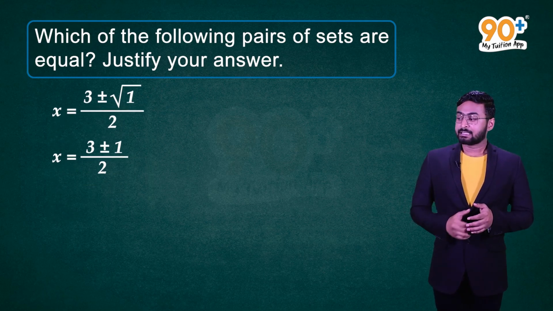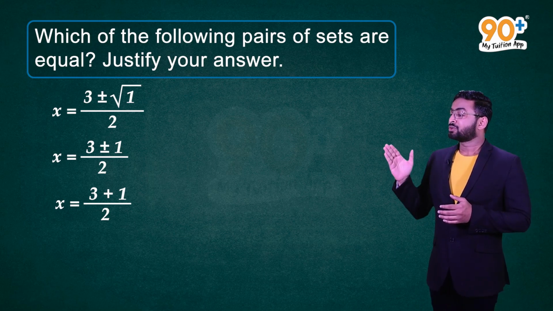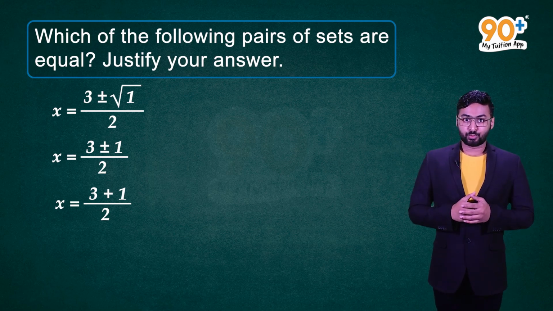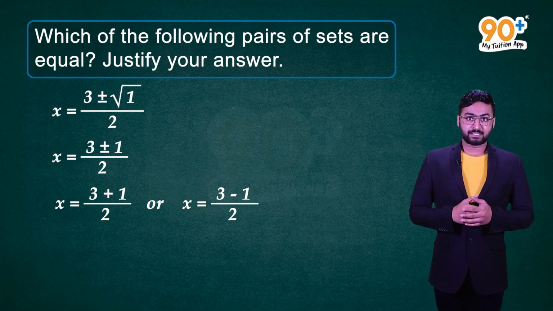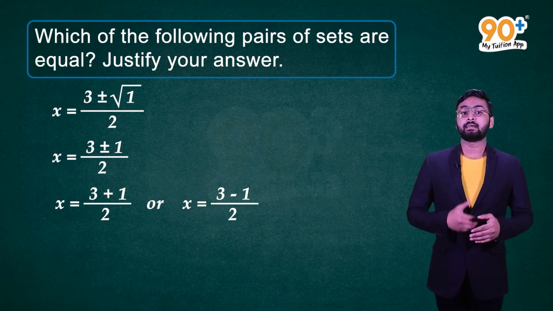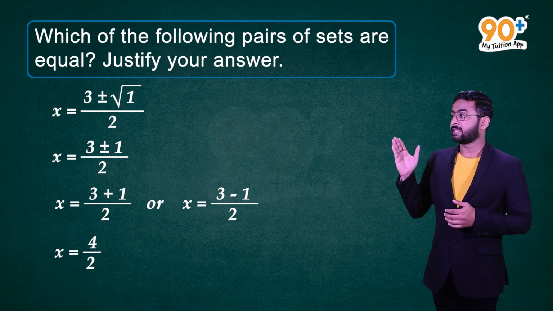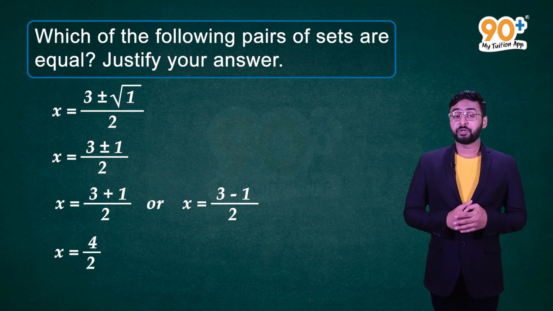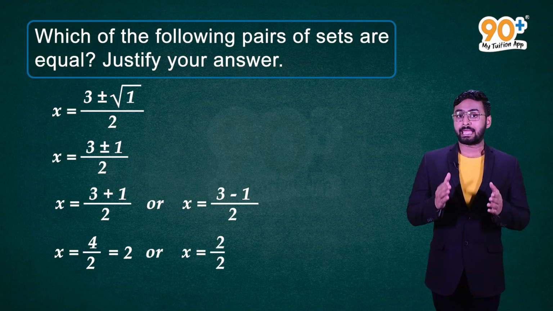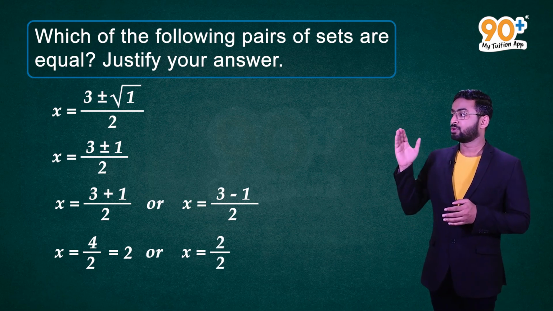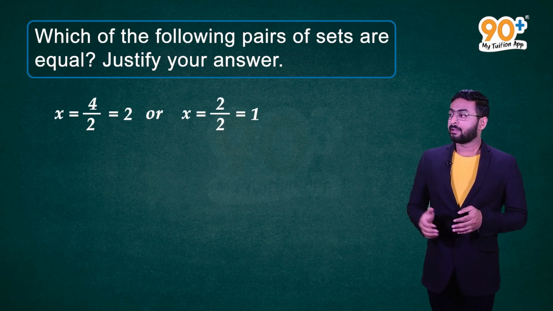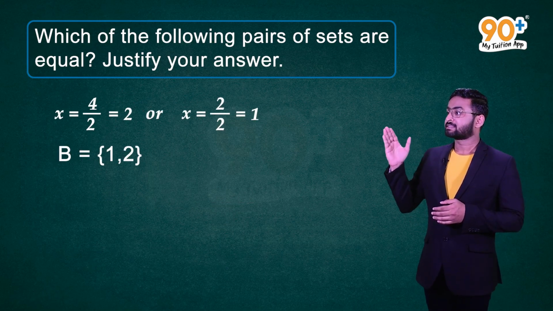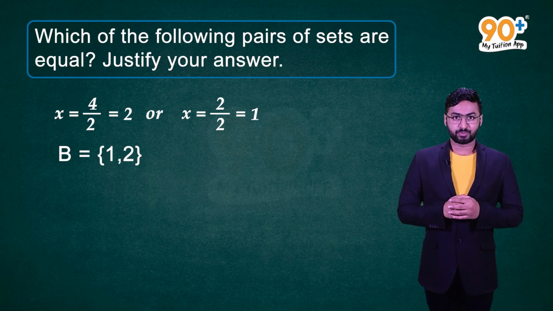So we can write x is equal to 3 plus 1 by 2 or x is equal to 3 minus 1 by 2. That is, x is equal to 4 by 2, which is equal to 2, or x is equal to 2 by 2, which is equal to 1. So we can write B is equal to set of 1, 2.